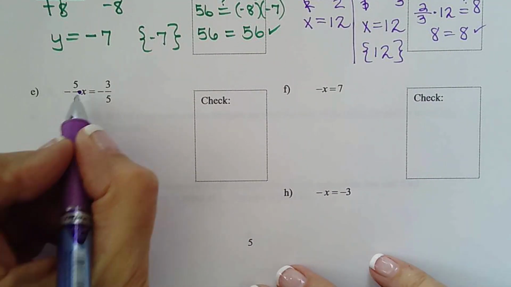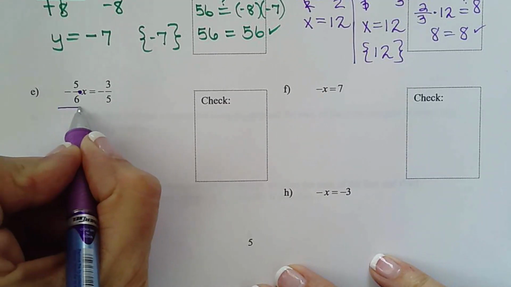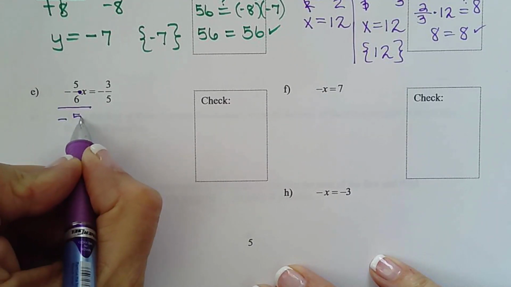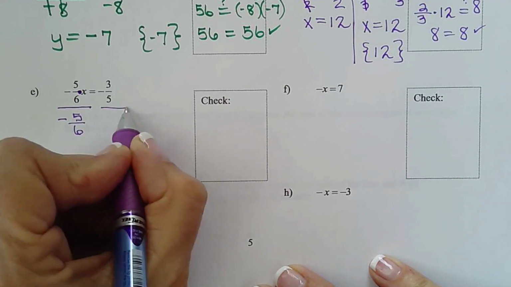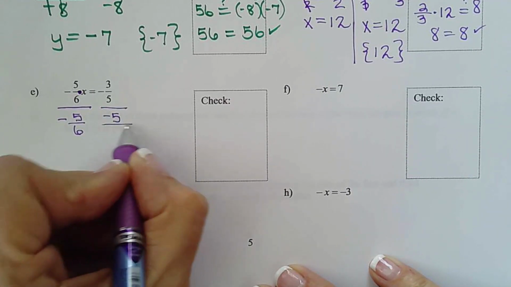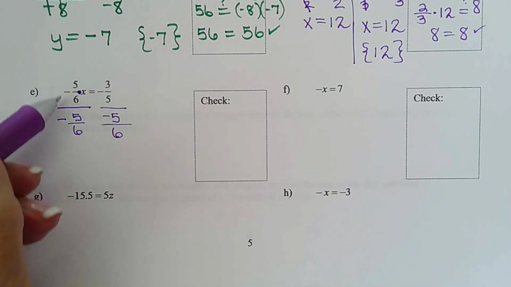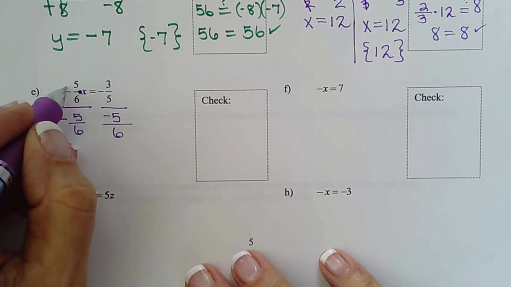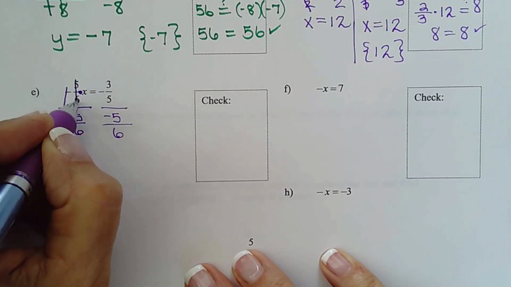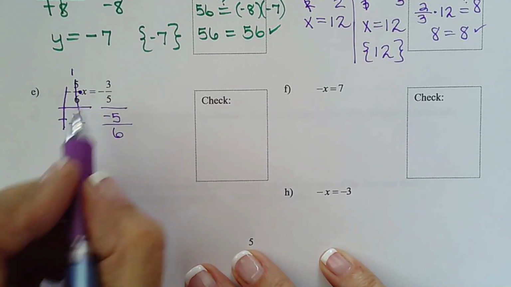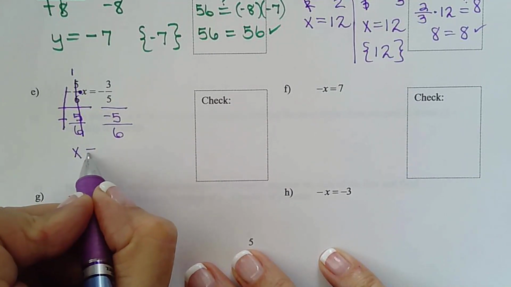So I'm going to do it the calculator way. The opposite of times is divide. Divided by -5/6, because anything divided by itself is 1. So 2 negatives positive. This is now 1, which is my goal. I need just x on the left.